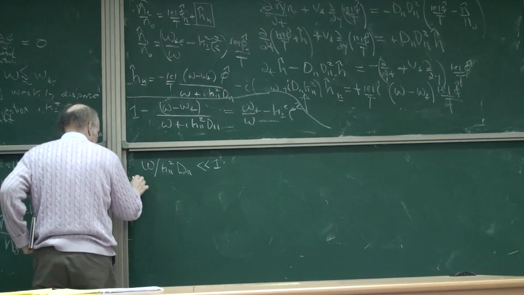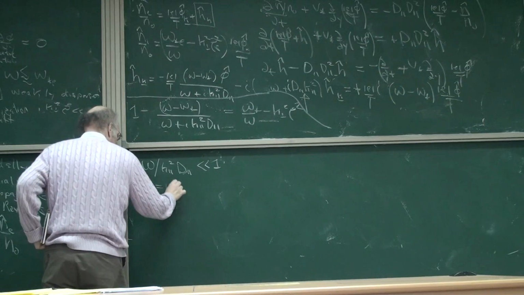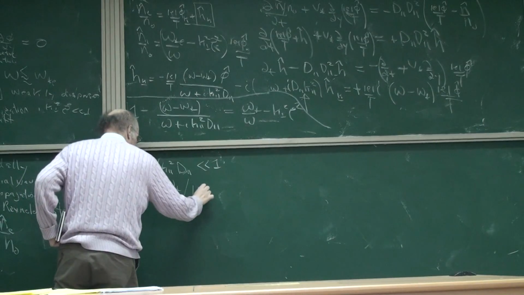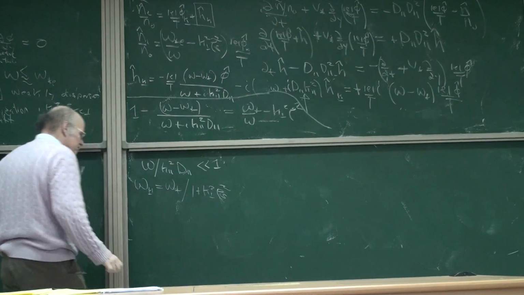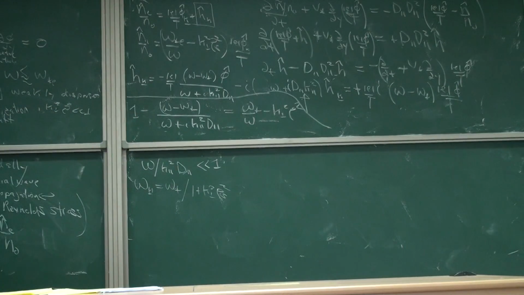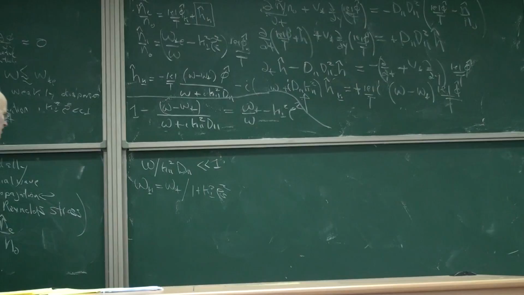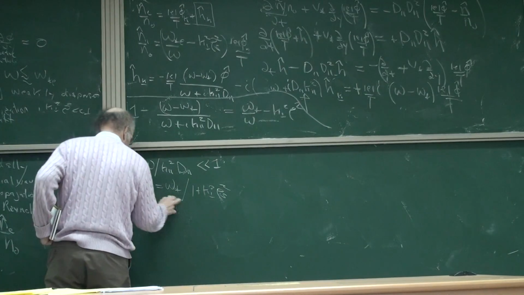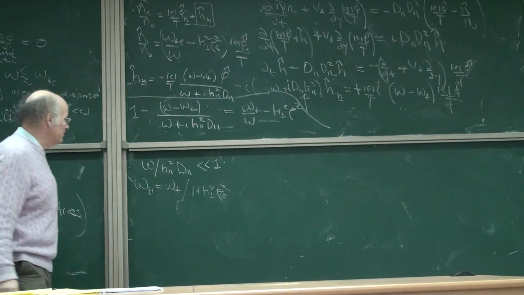So the zeroth order frequency, omega k, is just equal to omega star over 1 plus k perp squared rho s squared. So it says that for strongly adiabatic electrons, the basic wave is the case you get out of the Hasegawa-Mima equation.